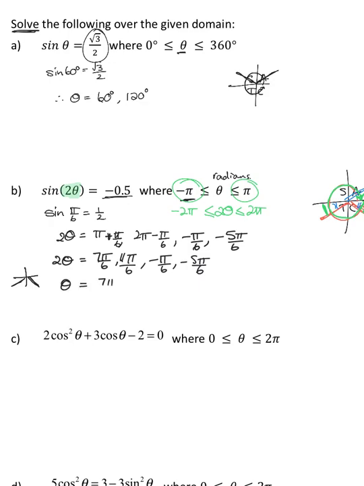So all the denominators are going to become over 12. And all of those answers now lie between negative pi and pi. And there's 4 possible answers.